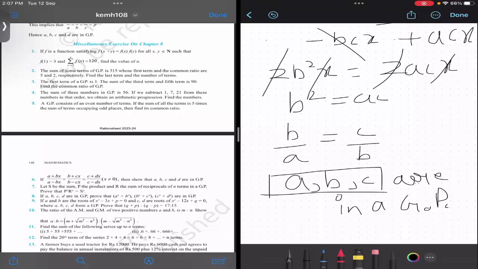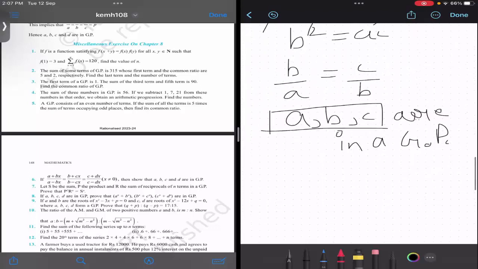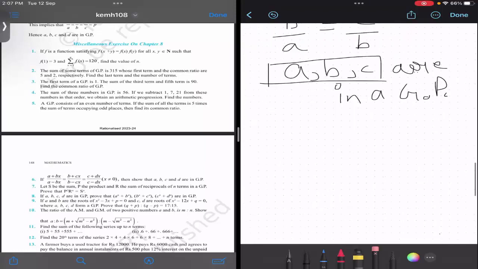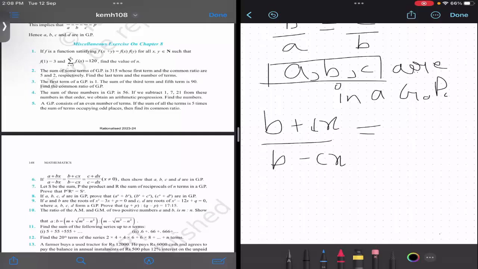Now it would be sufficient to prove that B, C, D are also in a GP, and that would imply A, B, C, D are in a GP. Considering the second term of this particular question, you would have (B plus Cx) upon (B minus Cx) equals (C plus Dx) upon (C minus Dx).